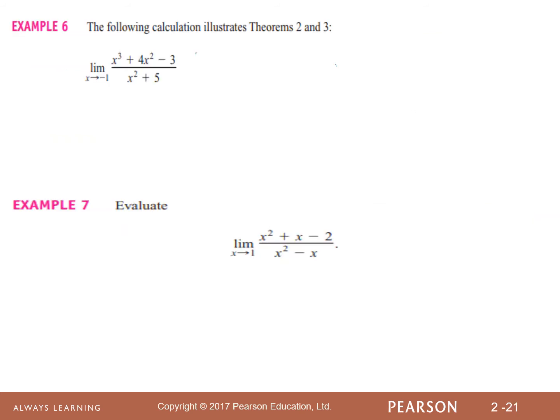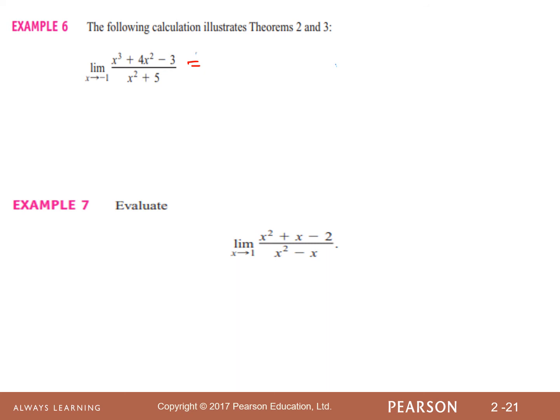Now, let's take a look. The following calculation illustrates Theorem 2 and 3. Let's take a look at limit as x goes to -1. Can we just plug in -1? Yes. Why? Because the denominator, if you put -1 in the denominator, it's not going to give you 0, right? So we can get going.